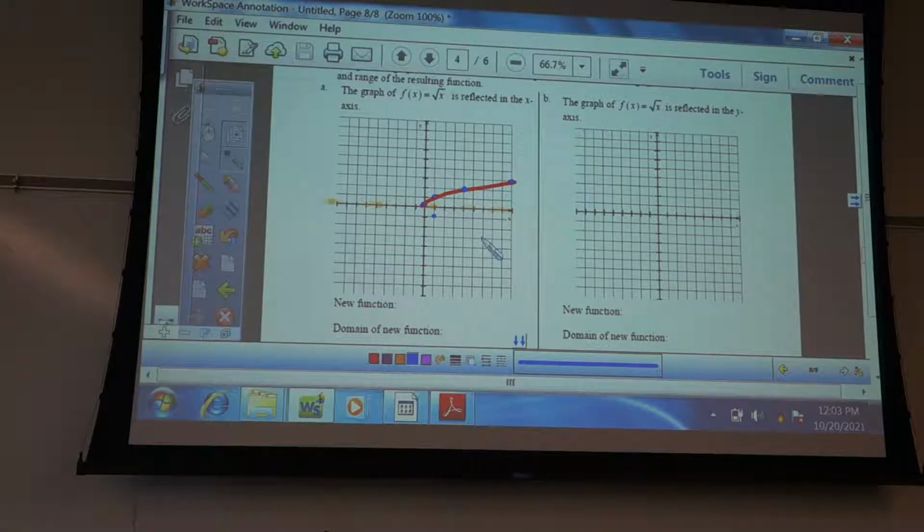Everybody reflect these 4 points across the x-axis. Across the x-axis. And draw your line.